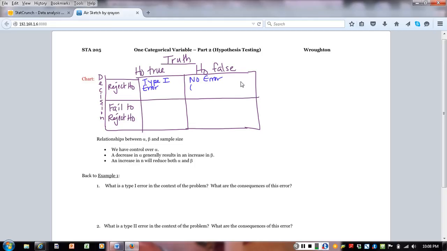More specifically, that's that power that I just mentioned. If we don't reject the null when the null is really true, or in a sense, finding someone not guilty when they're innocent, good decision, right? So there's no error if we fall in that box. Finally, if we don't reject the null when the null really is false, or find someone not guilty when they really are guilty, this is our other error here.